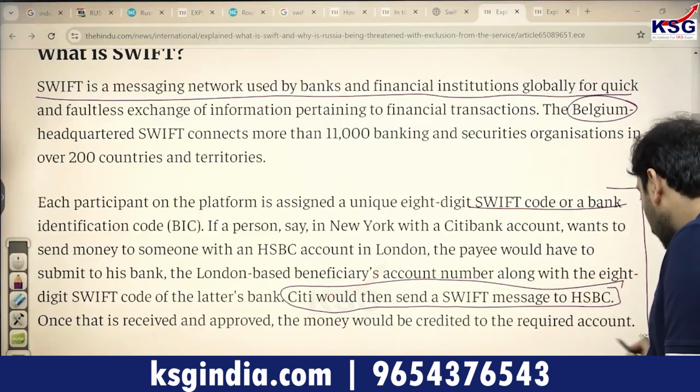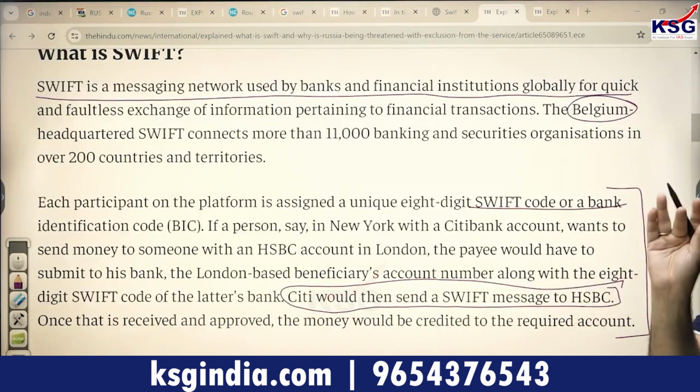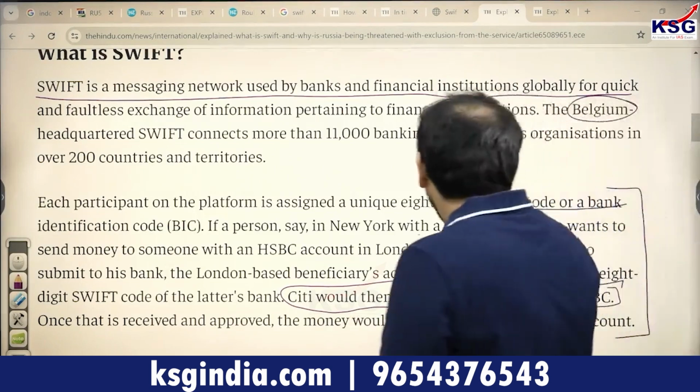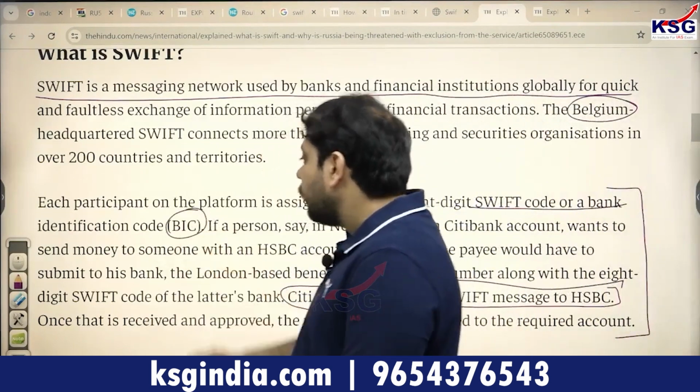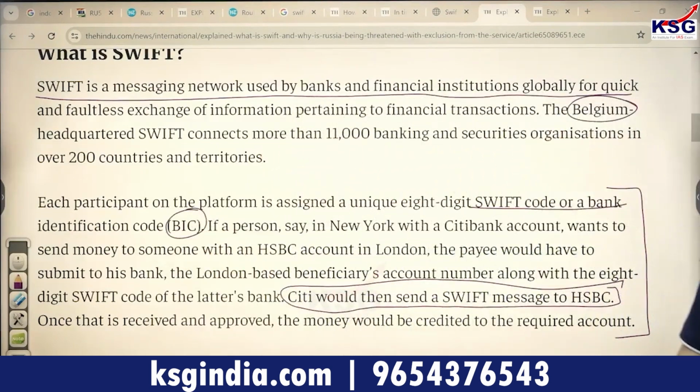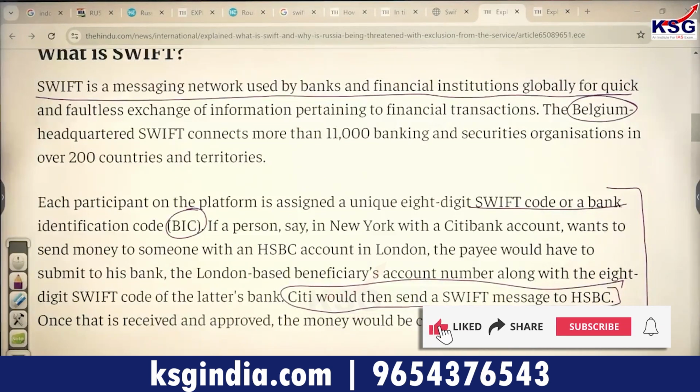Just take a look at this very simply to understand the functioning of the SWIFT, and you can take a look at the nature of what is known as the BIC, the bank identification code. So these are certain terms that I'm highlighting as important for the prelims examination. All of these have been events in the news recently, and therefore they can become a corpus for your question answers in the prelims examination.